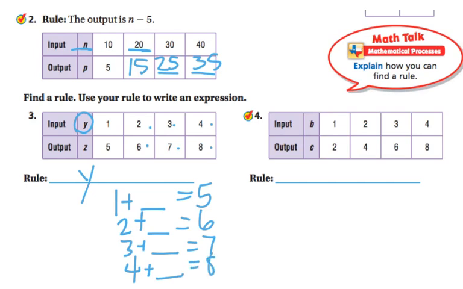So let's see, 1 plus 4 would be 5, 2 plus 4 would be 6, 3 plus 4 would be 7, and then 4 plus 4 would be 8. So it looks like, in this instance, I simply took the y and I added 4 to it. Now the fact that I have proof, 1, 2, 3, 4 situations, I was able to add 4, that tells me that that is actually the rule. The rule is y plus 4. Okay?